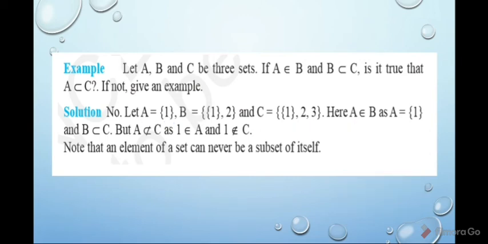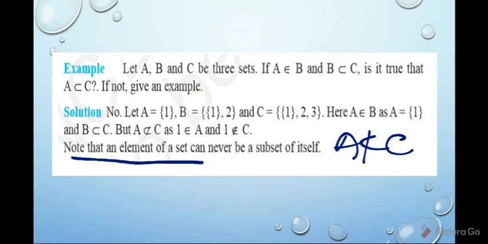So 1 belongs to A, but 1 does not belong to C. That's why there is an element in A which does not belong to C, which implies A is not a subset of C. Note that an element of a set can never be a subset of itself. So here the answer will be no.